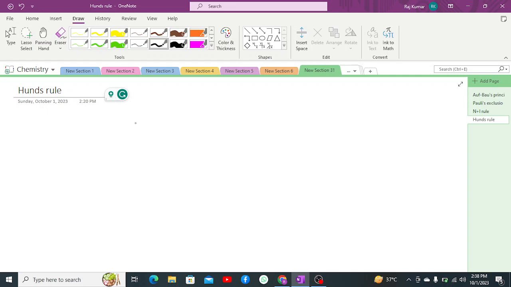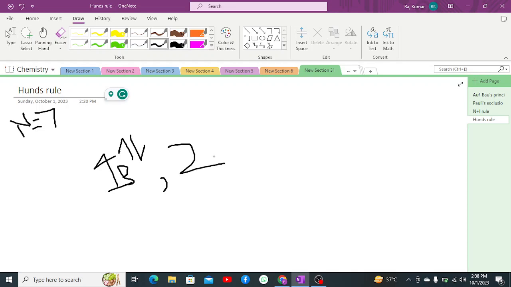Hund's rule says the electrons inside the orbitals are supposed to be filled one by one, and then the remaining electrons are supposed to be filled in pairing. Let's take the example of nitrogen. Nitrogen has 7 electrons, and 1s has 2 electrons. This represents clockwise and anti-clockwise spins.